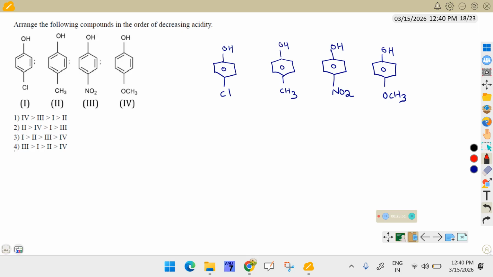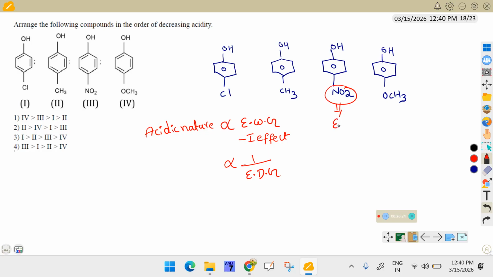Arrange the following in the decreasing order of acidic nature. We know that acidic nature is directly proportional to electron withdrawing groups, that means the minus I effect, and inversely proportional to electron donating groups. First of all, the para position NO2 group acts as an electron withdrawing group. The CH3 group acts as an electron donating group.